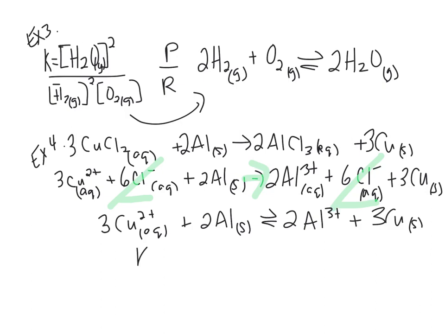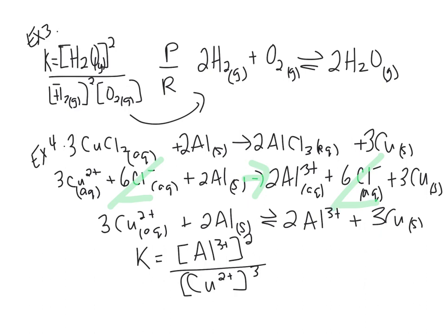Now for our K expression, you can only have aqs. You can't have solids. So our K expression would be our aluminum ion, second order, over our copper ion to the third order.